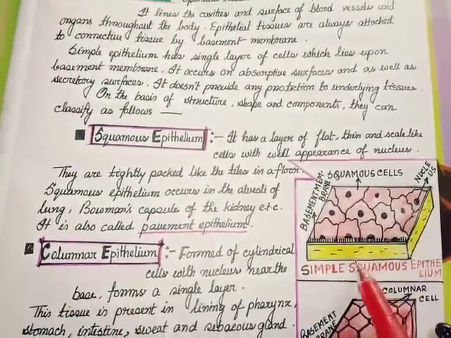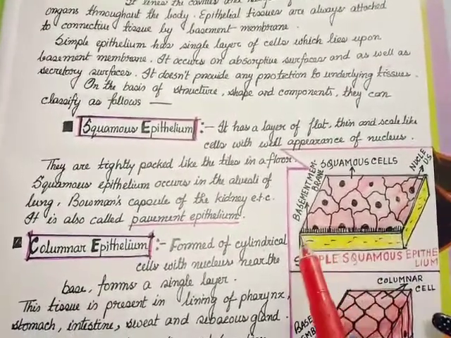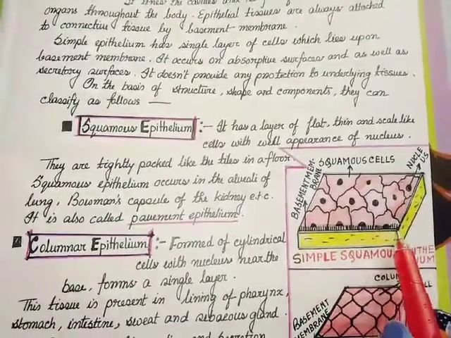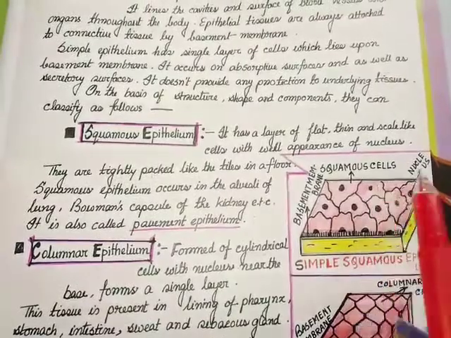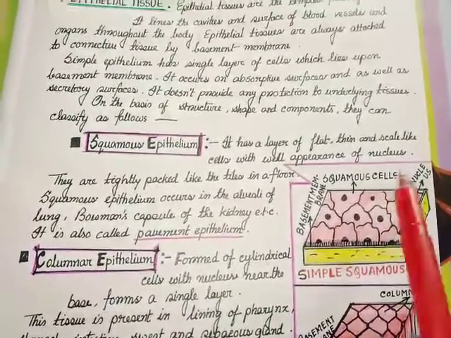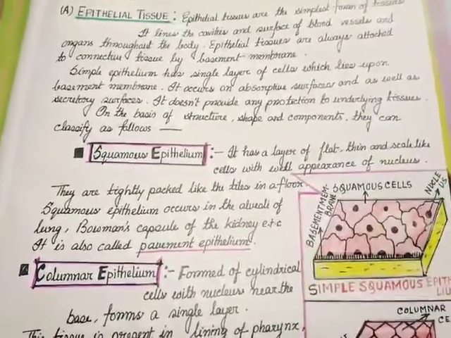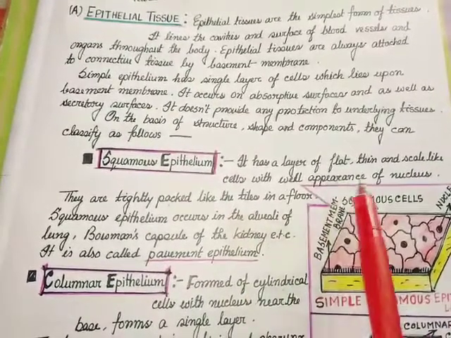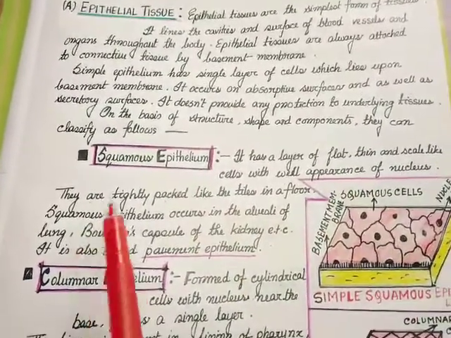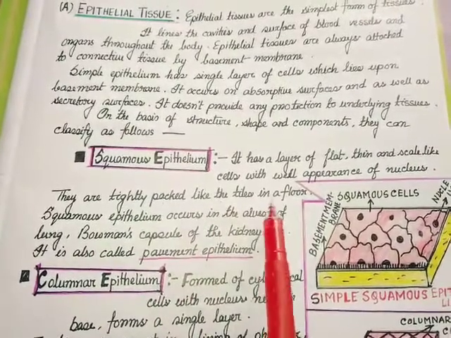Nucleus is there. This one is the basement membrane which is connecting the epithelium tissue to the connective tissue. It has a layer of flat, thin and scale-like cells with a well-appearing nucleus. They are tightly packed like the tiles in a floor.